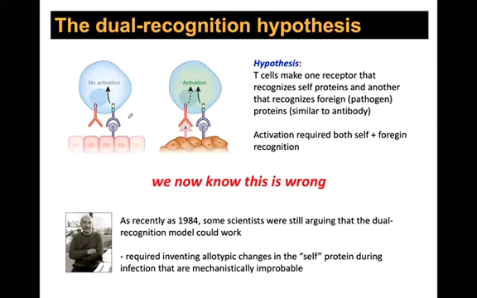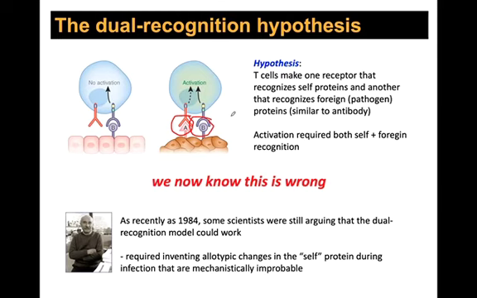If you only had recognition of MHC, shown here in purple, there would not be T cell activation. On the other hand, if you had recognition of both MHC, here in purple, and the viral antigen, then those cells would be activated and kill the target cell. We now know this is wrong, and we'll go into why that is.